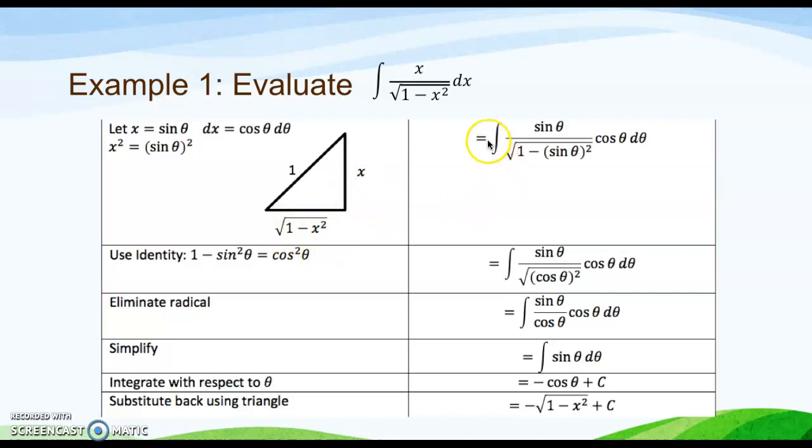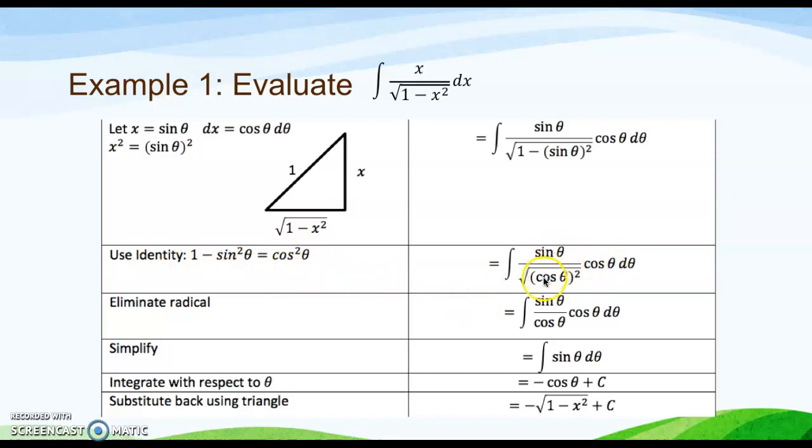So it equals the integral of sine theta over the square root of 1 minus sine squared theta, times cos theta d theta, since dx equals cos theta d theta. Next, use the identity 1 minus sine squared theta equals cos squared theta.